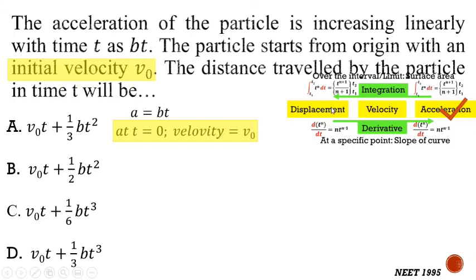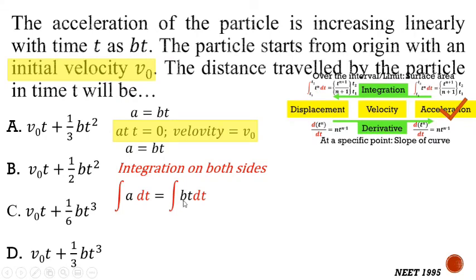So let us start with taking the integration. Here integration on both sides of this equation will give integration of a dt equal to integration of bt dt. So integration of a dt is nothing but velocity, and for integration of bt, here t is the variable, and by taking integration of this it will give t square by 2, because we increase the power and divide by the power.